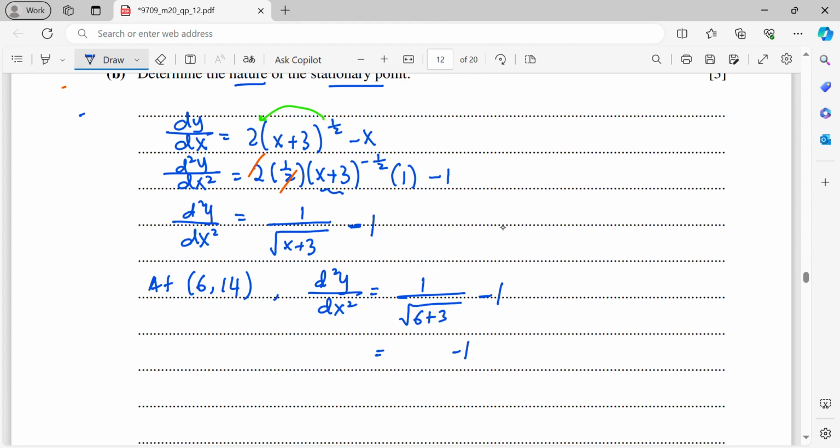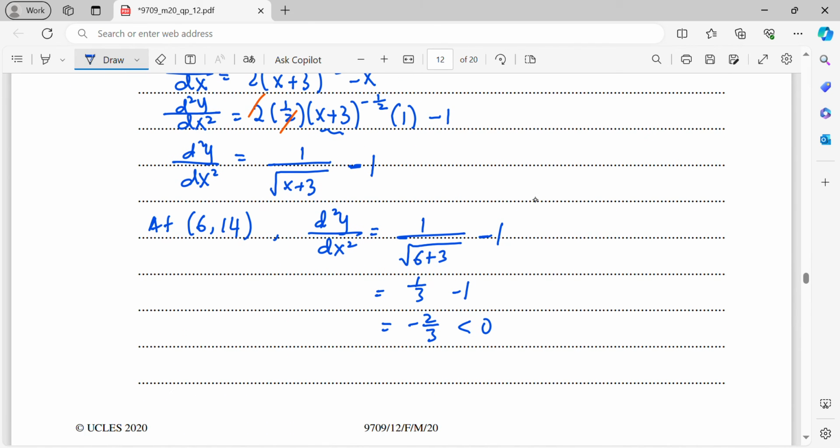Then here is going to be 1 over square root 9, which is 1 over 3, and 1 over 3 minus 1 is negative 2 over 3. That is less than 0. So when less than 0, you should get a maximum point. So (6, 14) is a maximum point. So that's the nature of the stationary point in the question.